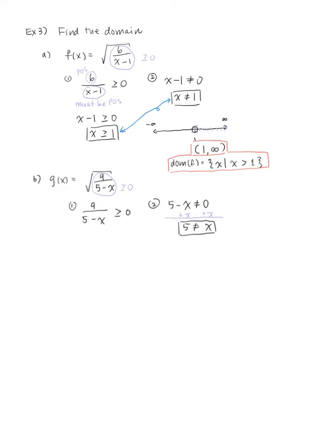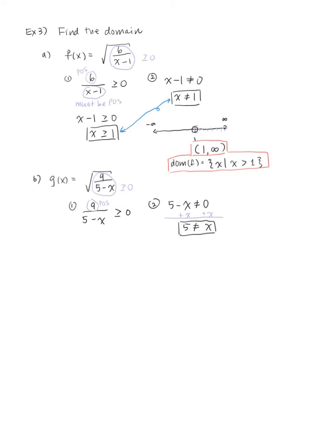Now let's deal with the first restriction. The first restriction says that 9 over 5 minus x must be greater or equal to 0, which means that it must be positive. Notice that 9 is positive. If the fraction is going to be positive, we better have positive over positive or negative over negative.